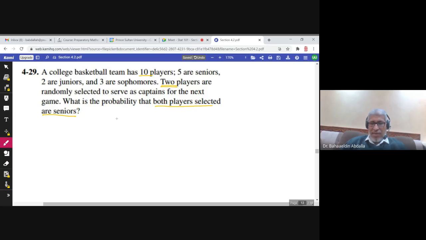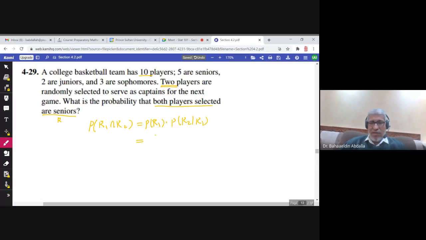So for the probability that the first one is senior, if I call seniors, what should I call seniors? Because there are two S, let me call them R, seniors. So R1 intersection R2, both are seniors. So this would be the probability of R1 multiplied by the probability of R2 given R1. What is the probability that the first player selected is a senior?